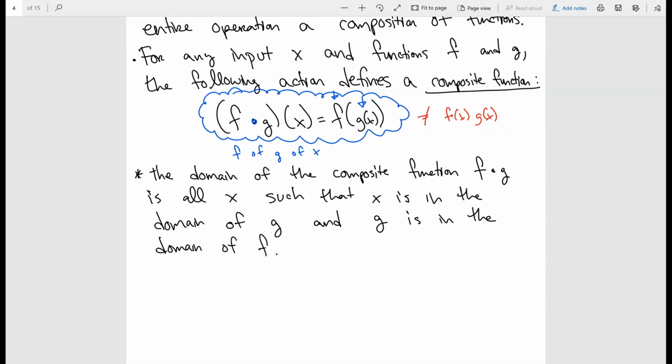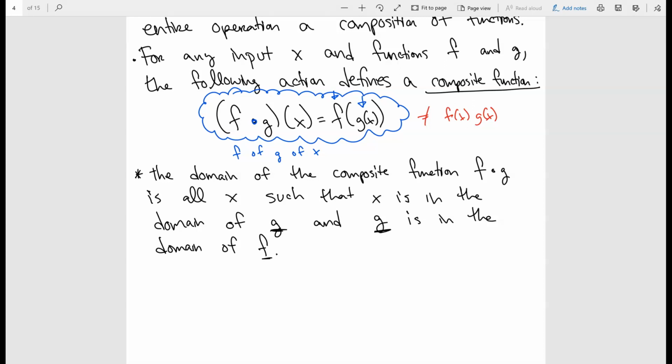What this is saying is that since you're plugging g into f, g of x needs to be part of the domain of f. You need to check the domain of g, and you have to check the domain of f when you plug in the g.